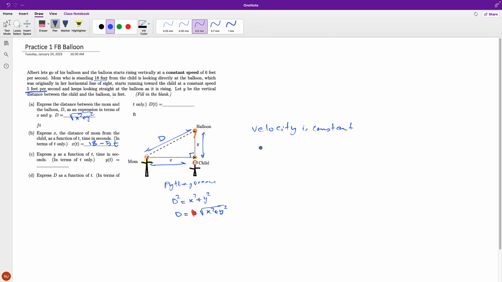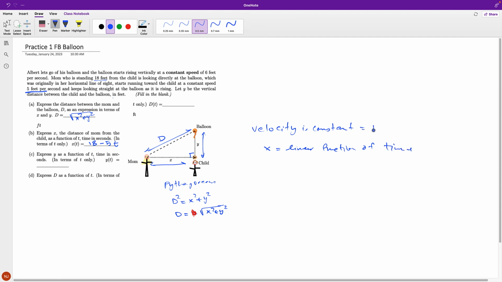what we know is the distance is going to be a linear function of time, and velocity is the rate. Velocity is constant, and in here, because distance is decreasing, velocity is negative.